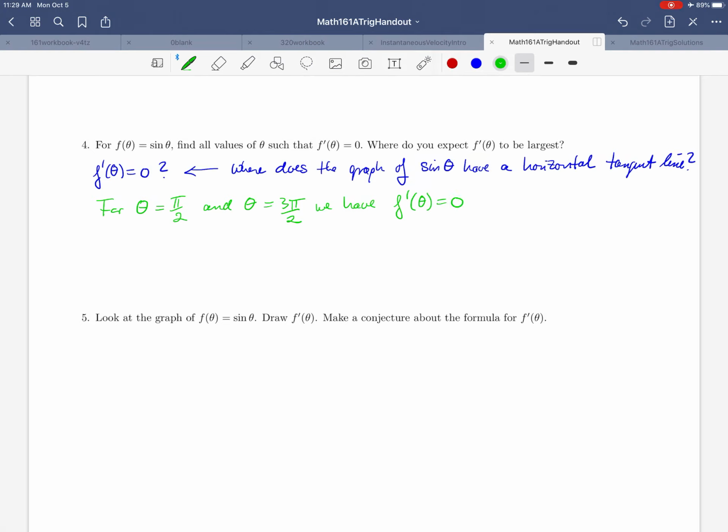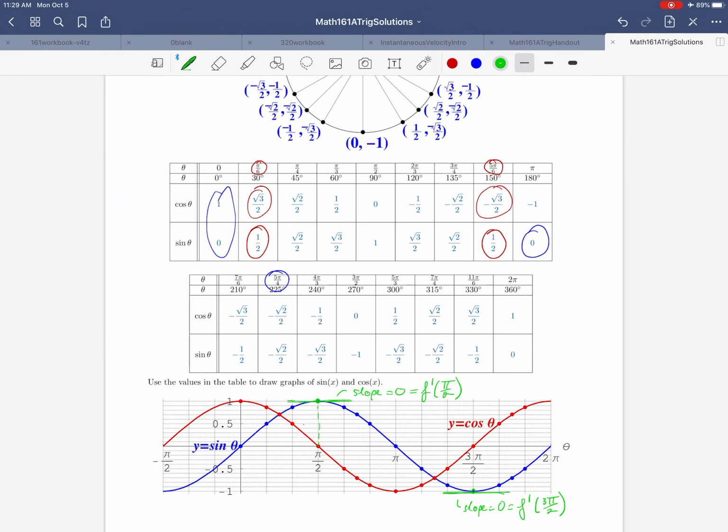And then they're asking us, where do we think f prime is the largest? So let's go back to our graph. Where do we have the largest slopes? Over here our function is pretty steep. So we have a very large positive slope, and over here at pi it's negative.